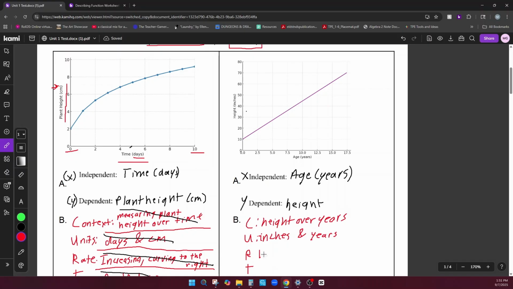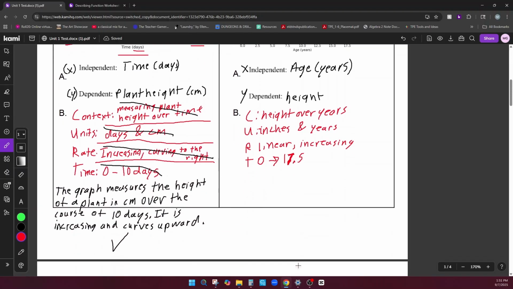Our rate is going to be linear, increasing. And our time is going to be, we're measuring from 0 to 17.5 years.